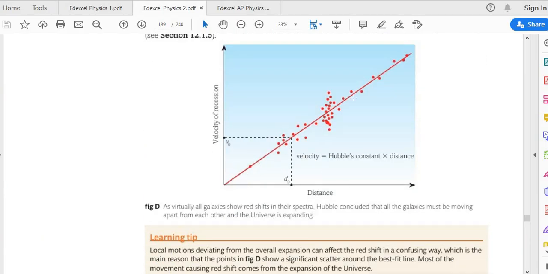It's a straight line passing through the origin, meaning it's a direct proportion. If one quantity is directly proportional to another, in this case velocity and distance, then the graph of them should be a straight line passing through the origin. For direct proportion there are two conditions, in any case: the graph should be a straight line passing through the origin, and you can see that over here.